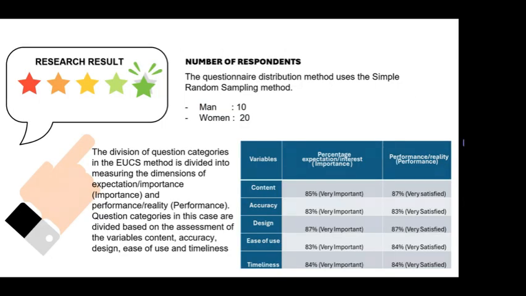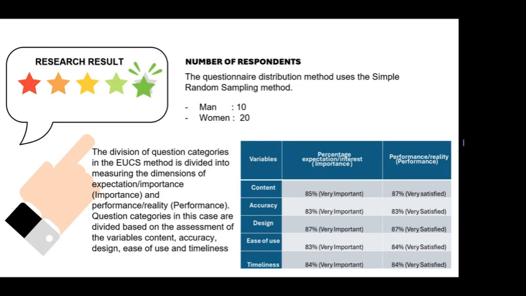So here is the result of the study. For the number of respondents, the questionnaire distribution uses the simple random sampling method. For the respondents, there are 10 men and 20 women. The question categories in the EUCS method are divided into, first, measuring the dimension of expectation, which we call importance, and the performance and reality, which we call performance.